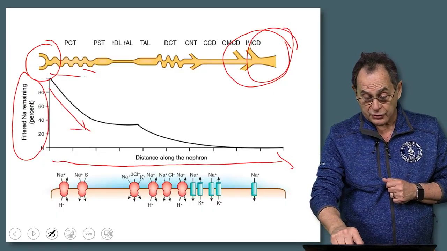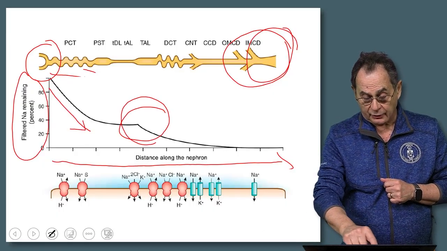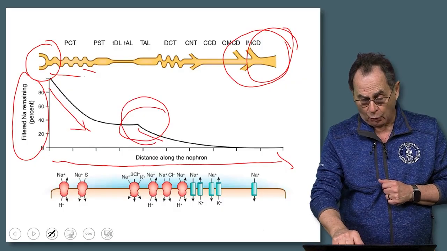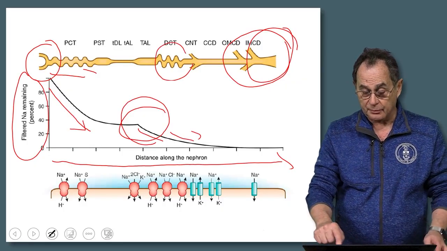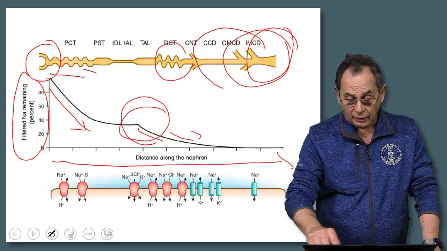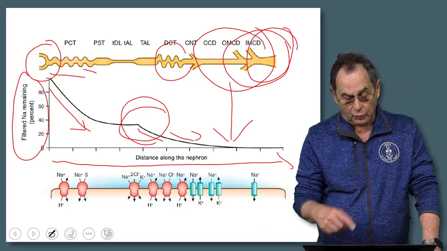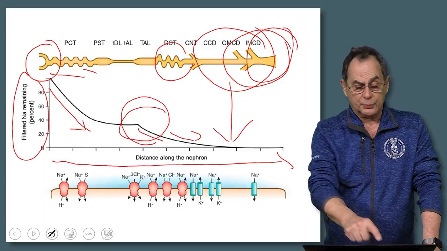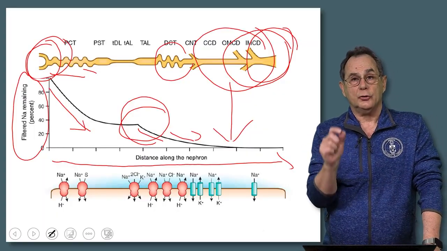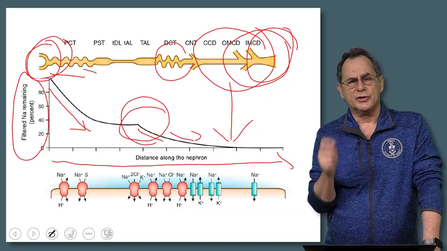As we get into the thick ascending limb and the loop of Henle, there's even more. We get into the distal convoluted tubule, the sodium continues to be reabsorbed until we're in the collecting duct, where we can reduce the remaining sodium relative to what was presented to Bowman space to a value as low as 1% or less.